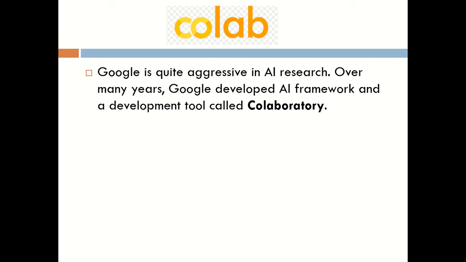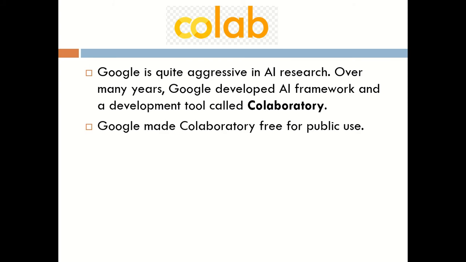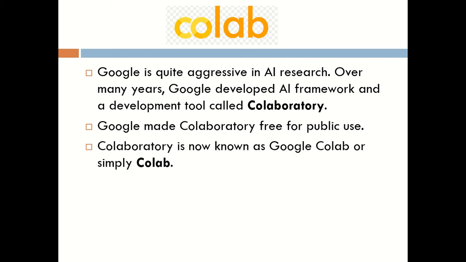Over many years, we have seen that Google developed AI frameworks and a development tool called Colaboratory. Google made this Colaboratory free for public use so that anybody can use it and anybody can contribute to it. This Colaboratory is known as Google Colab in short, or even simply people say Colab.